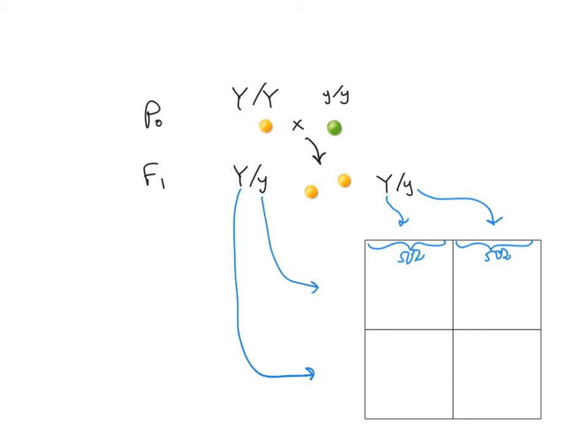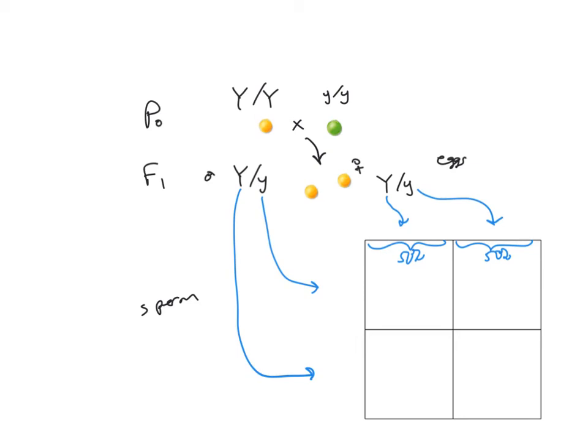So that's why the Punnett square is designed as a square. It has equal length and equal height divided exactly in half to represent that 50% of the gametes, let's say in the case of a mammal, if this was the female, that would be eggs. And if this was a male, that would be sperm. Exactly half of the eggs would contain the Y allele if heterozygous, and the other half would contain the lowercase y, and the same would be true of sperm from a father.